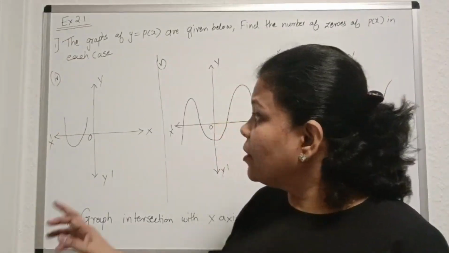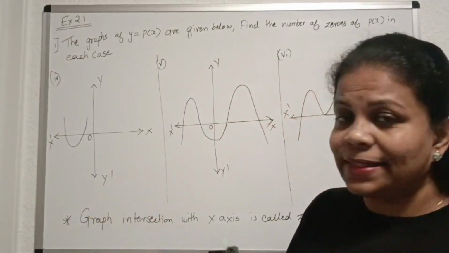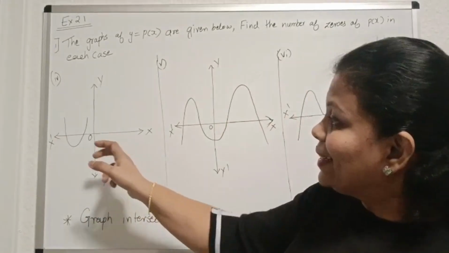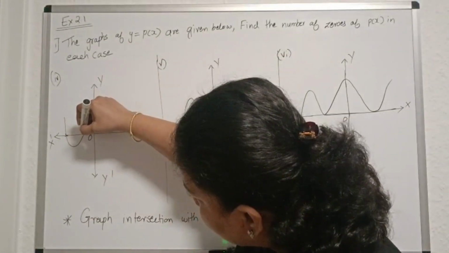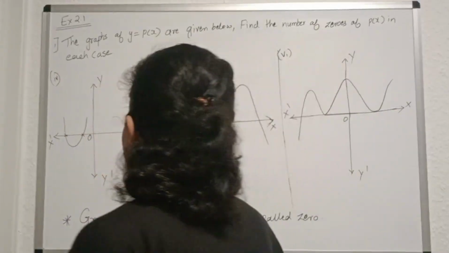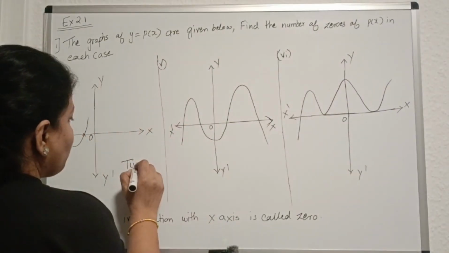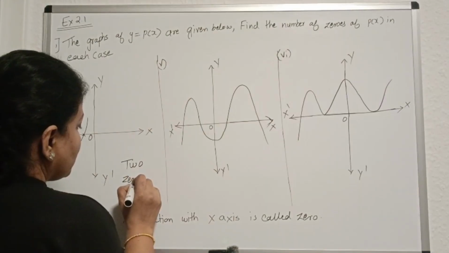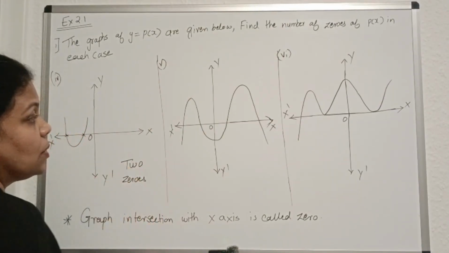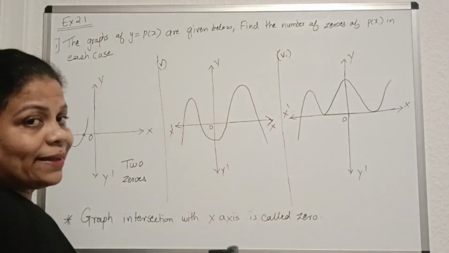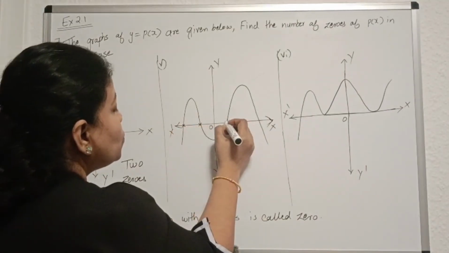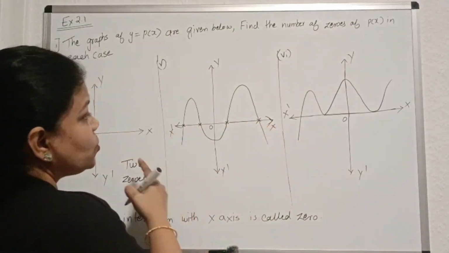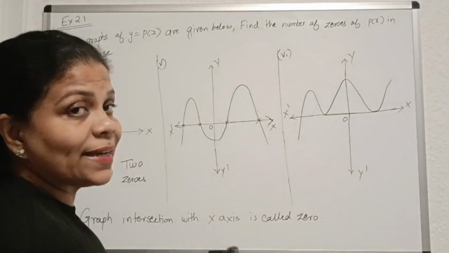Okay, so let's start with the fourth question. Here you can see this graph is intersecting the x-axis at these 2 points. Therefore, it will have 2 zeros. Look at this graph. It is something like this. You can see it is 1, 2, 3 and 4, so it is intersecting the x-axis 4 times.